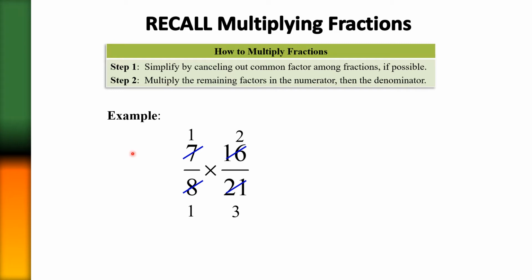So I have 1 times 2, which is 2 on top for a numerator, 1 times 3, 3 on the bottom for a denominator, and so my answer is 2/3. A lot quicker than if you were sitting there trying to reduce 112 over 168. So again, the answer here is 2/3.